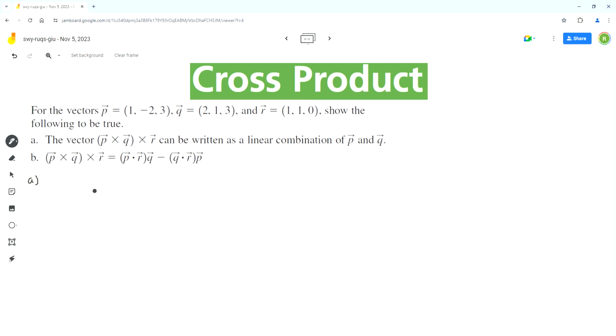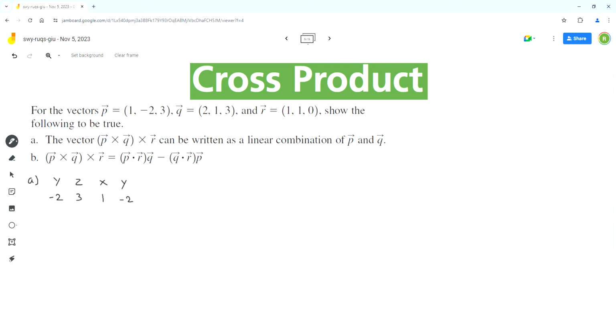So let's start by finding the cross product of P and Q. For that, we should stack the y, z, x and y components of vectors P and Q. For vector P, the y component is -2, z component is 3, x component is 1, and y component is -2.